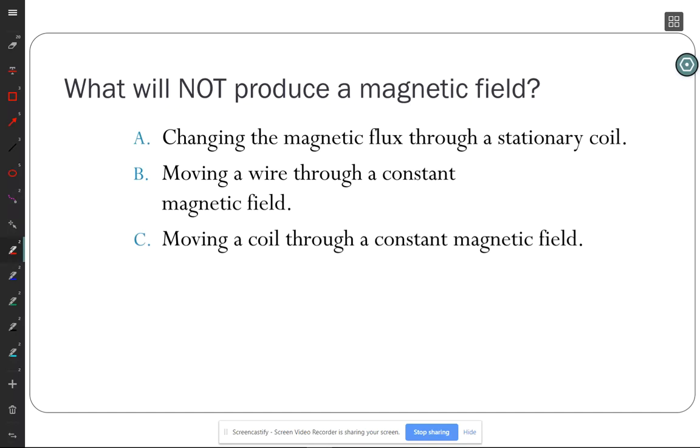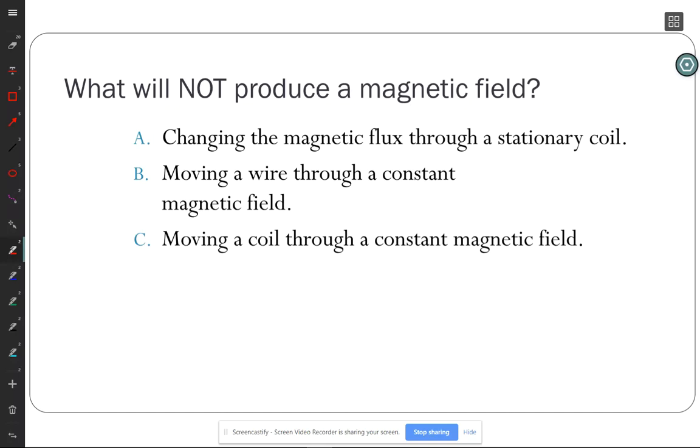It's like 2 for 2. Okay, moving a coil through a constant magnetic field. Gonna go for 3? So close.